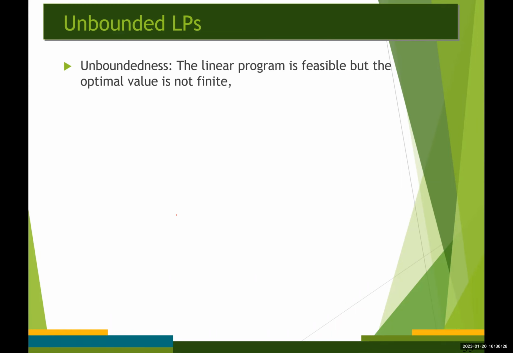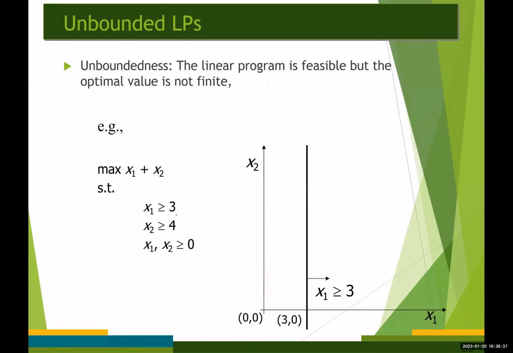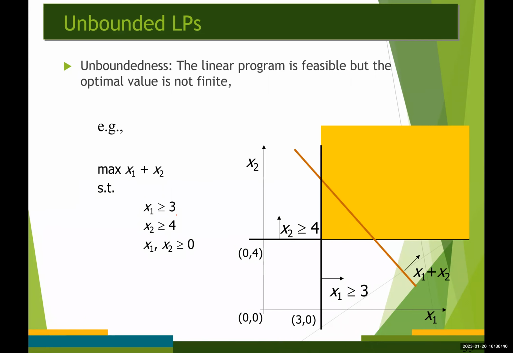For example, in this LP case, okay, I already drew the feasible region, everything here. So this is a very special LP, right? Which is, of course, the unbounded LP. So as you can see here, when graphically solving an LP, we can spot an unbounded LP very easily.